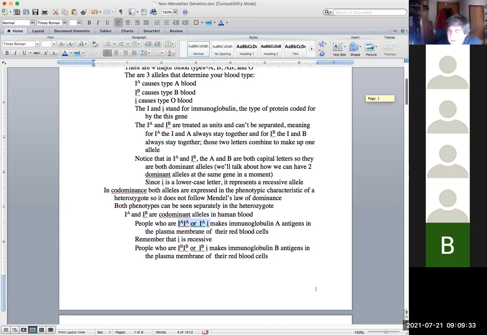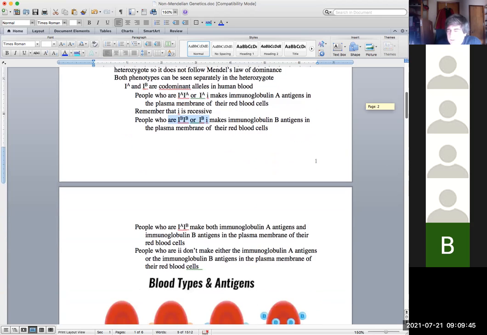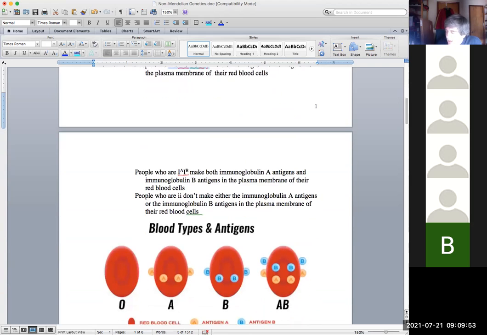So type A is dominant over type O. If you're I big B, I big B, or I big B, little i, you have type B blood. So the allele for type B blood is also dominant over little i.